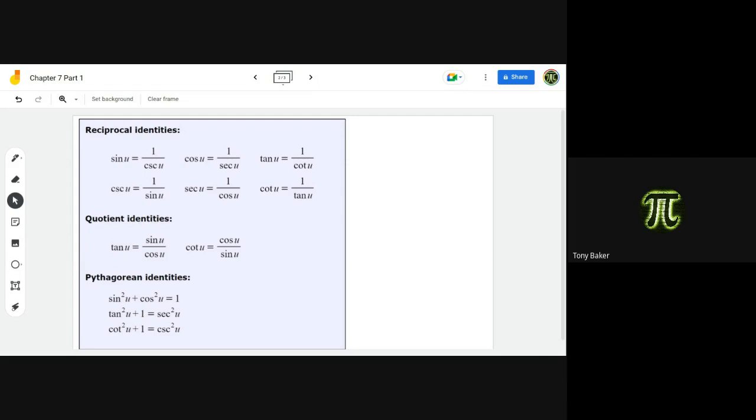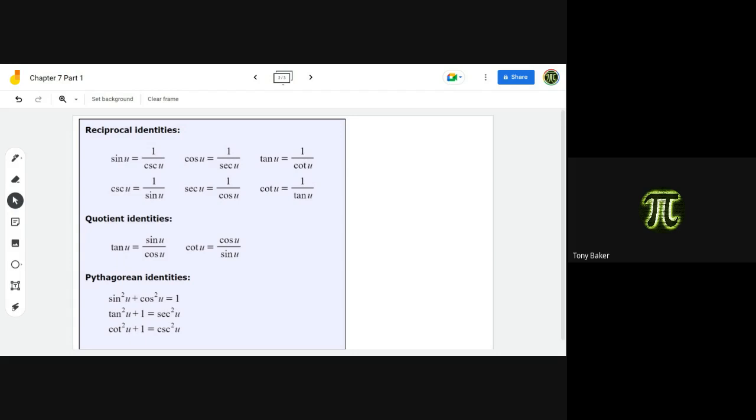Because what you'll run into a lot of times when you're doing differentiation or more so integration is that you might be able to do a problem one way with the trig equation. However, if it's formatted in a different way, the integration or the differentiation is going to be almost impossible for you to do. So being able to rewrite a function in another way that makes life easier is going to be very helpful to you, right? Which is really what this is supposed to be focused on.